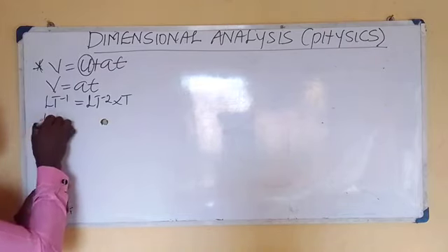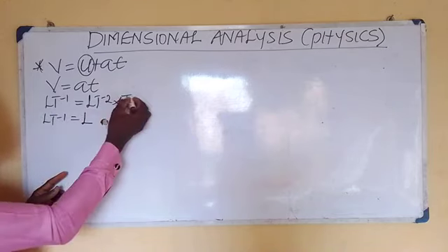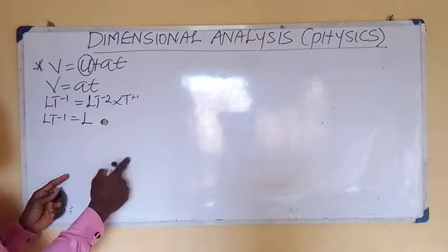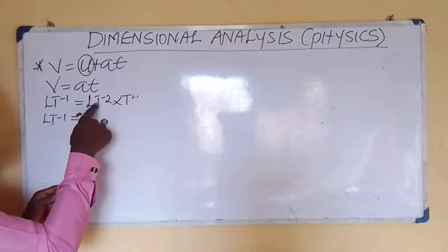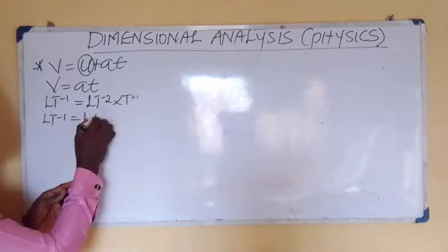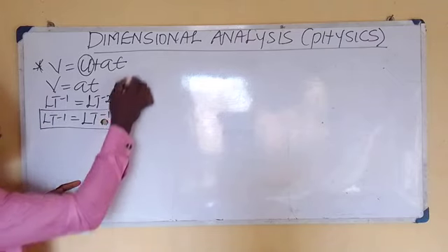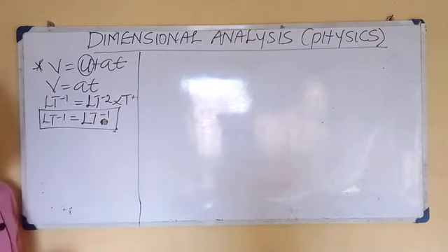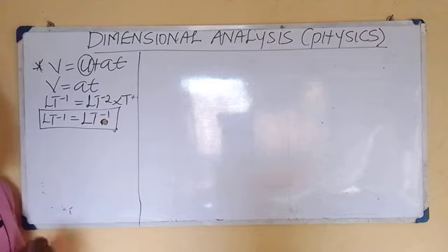LT minus 1 equals, you have L here, so there's an invisible plus 1 here, then T minus 2 plus 1, I have T minus 1. So I have LT minus 1. So the first equation of motion is dimensionally correct. I believe that is clear enough. Whatever you have by the left, you should have the same thing by the right.